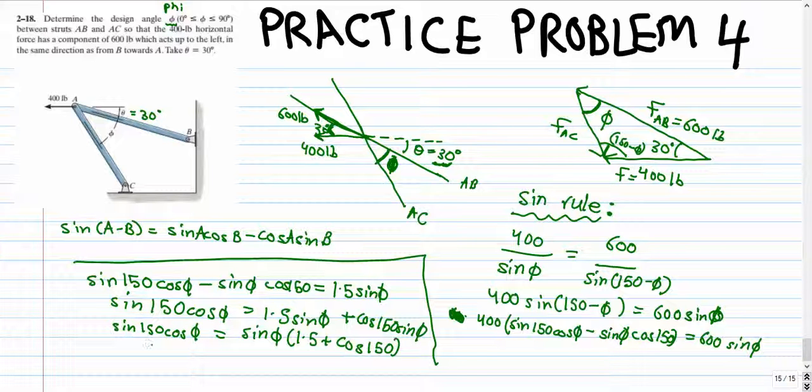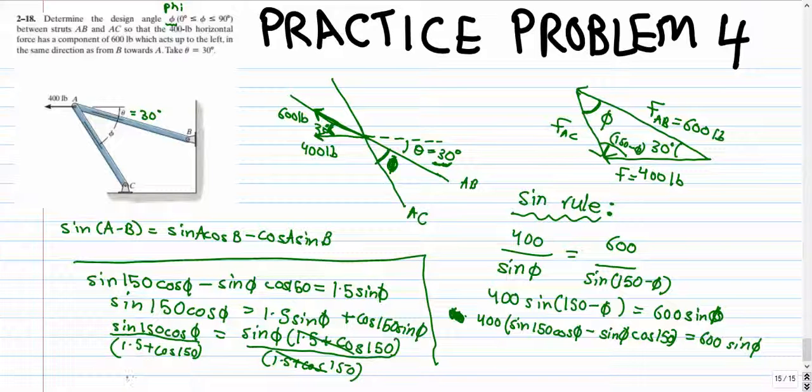Alright, now divide 1.5 plus cos of 150 on both sides. Cancel these two.